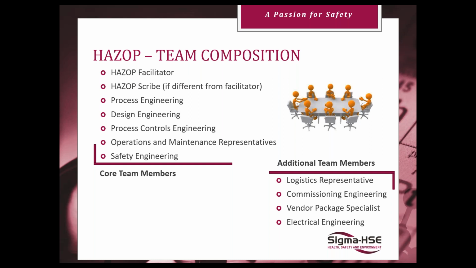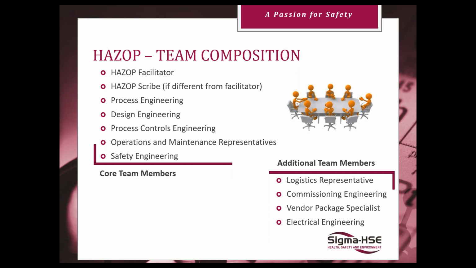Commissioning engineering, if you're going through a startup of a new unit, you want to make sure you have someone from commissioning there so they can walk through their commissioning process and correct you if you have any misunderstandings on what they'll be doing to get that unit up and running. Vendor package specialist.